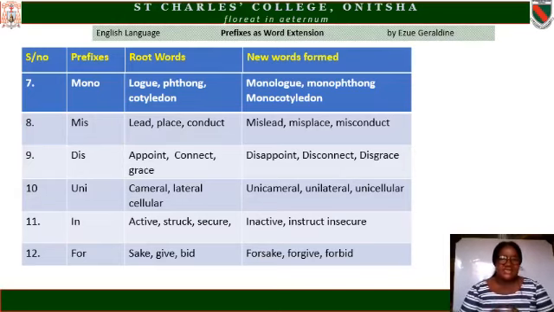Then the next one is in. In also means not. Then we have active. If something is active and you add the prefix in before active, you get the new word inactive, which means not active.